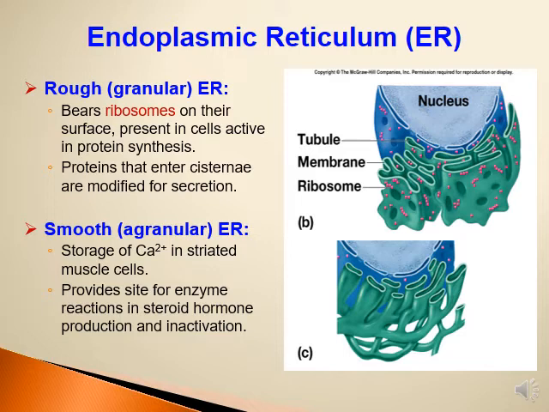They are produced by the free ribosomes. So we don't need to produce them in the rough endoplasmic reticulum. Proteins whose fate is to stay inside the cell are produced on the free ribosomes that are present in the cytoplasm.